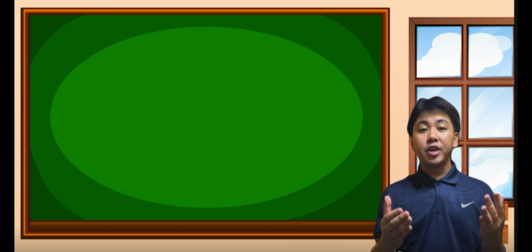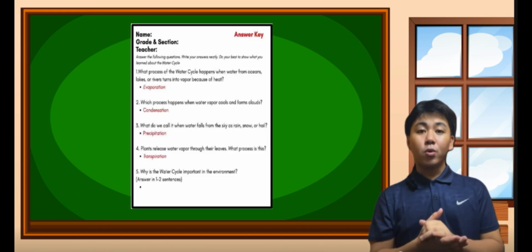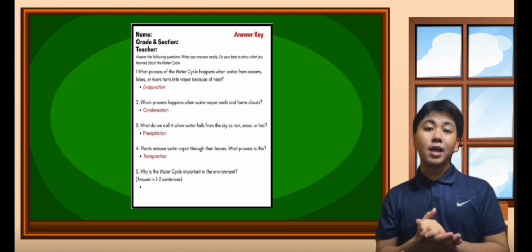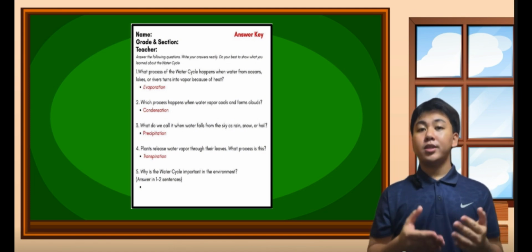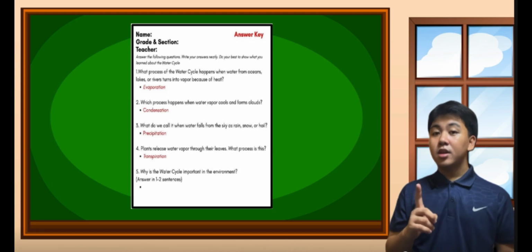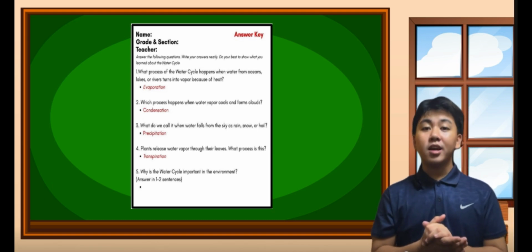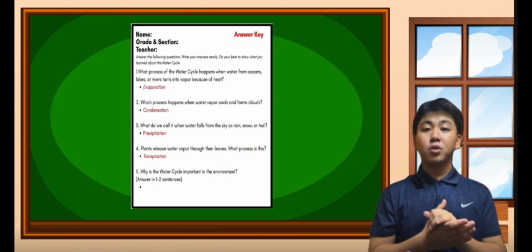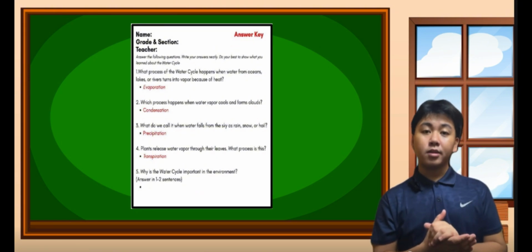Now, let's check your answers together. Please look at the answer key on the screen while I read each item exactly as written on your quiz sheet. Number 1. What process of the water cycle happens when water from oceans, lakes, or rivers turns into vapor because of heat?